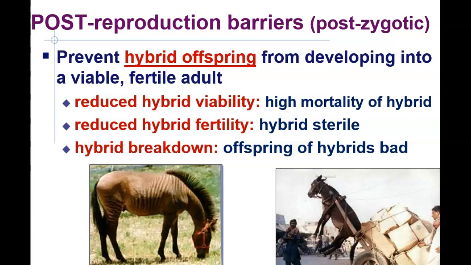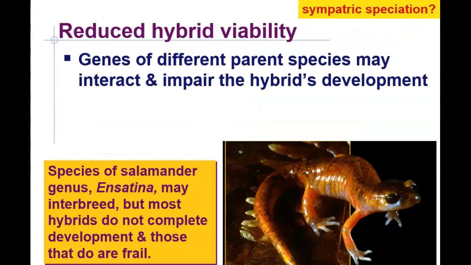Or they're infertile, meaning they cannot produce viable offspring. Or the offspring of the offspring are infertile. For example, there are many species of salamander in the specific genus that can interbreed, but their offspring are fragile and do not completely develop.